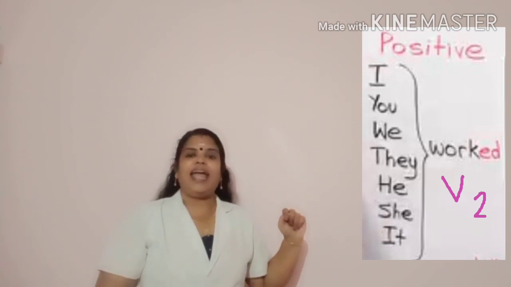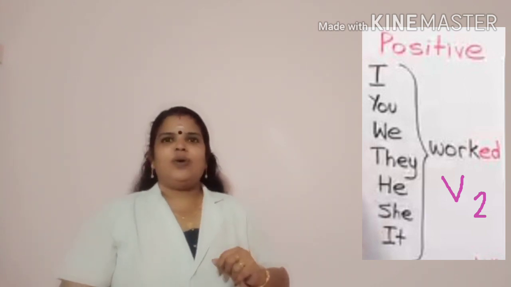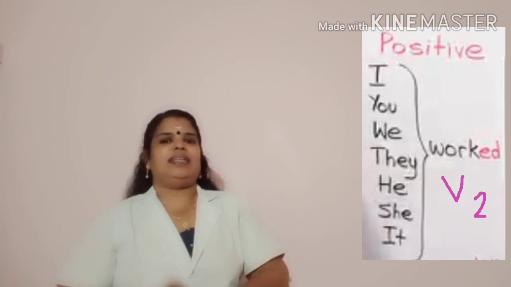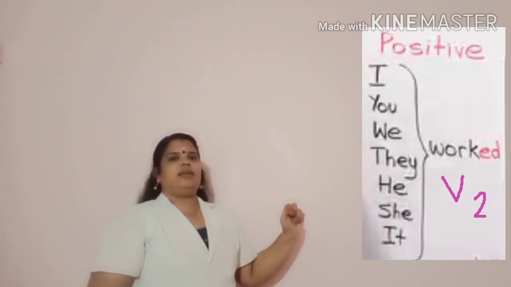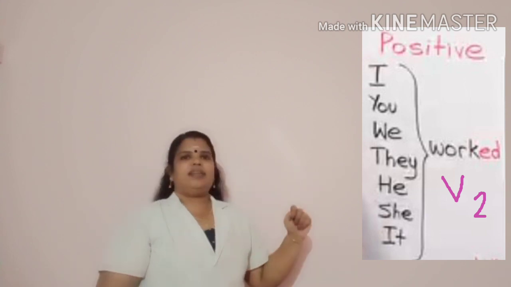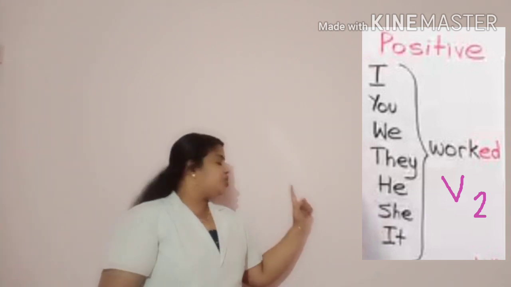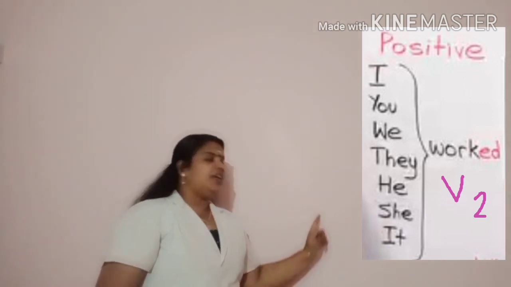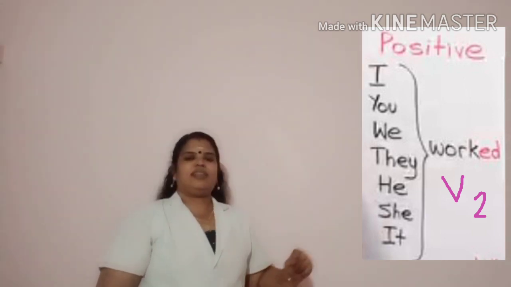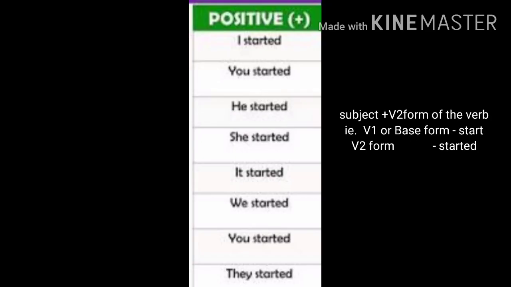We want to add ed for positive sentences. I worked, you worked, we worked, they worked, he worked, she worked, it worked. Got it? I will give you one more example.